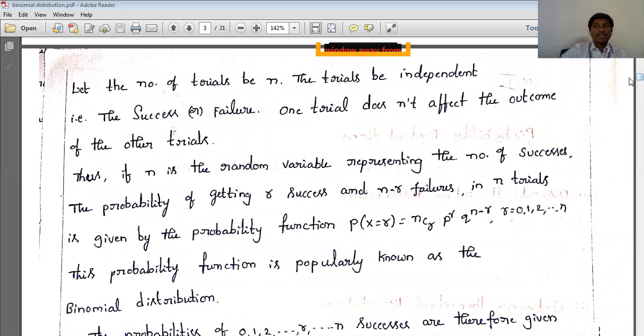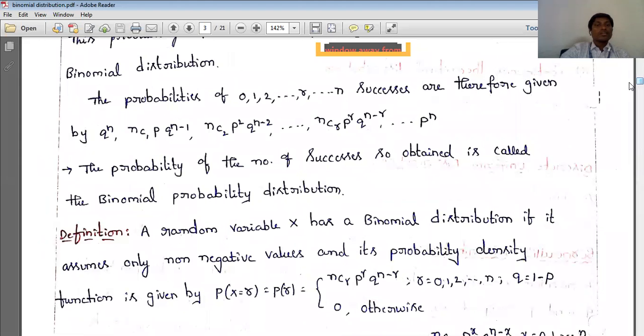And next, we already said 0 successes, 1 success, 2 successes. We are representing them in probability function notation. 0 successes is simply q^n, 1 success is p^1 q^(n-1), and 2 successes is p^2 with n minus 2 failures.